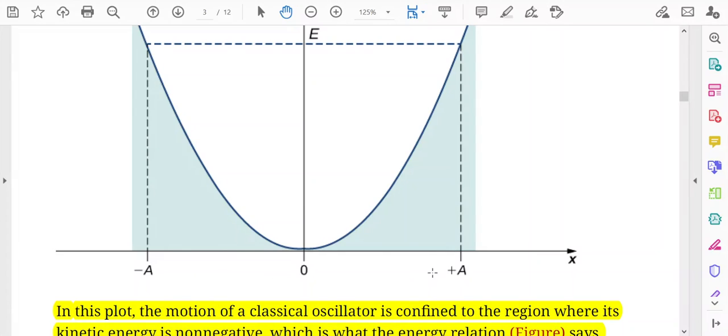The classical harmonic oscillator can be observed only between these turning points, that is plus A and minus A. It cannot go beyond plus A or beyond minus A, and the probability of finding it is highest at these turning points and lowest at the equilibrium. These are the main facts, and they differ in the case of quantum harmonic oscillators. So in the next lecture we will discuss the quantum harmonic oscillators.